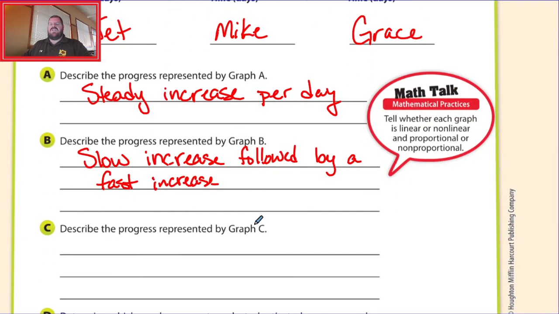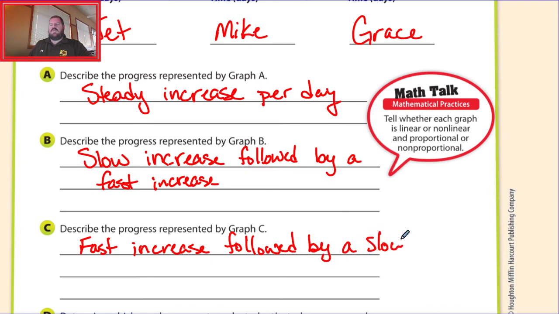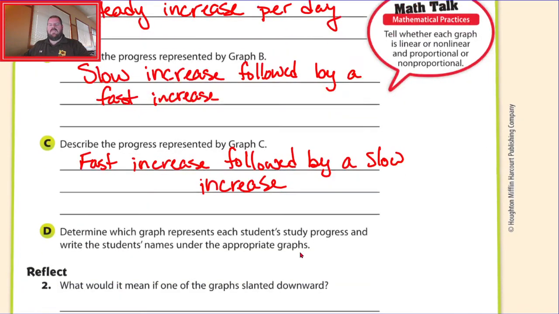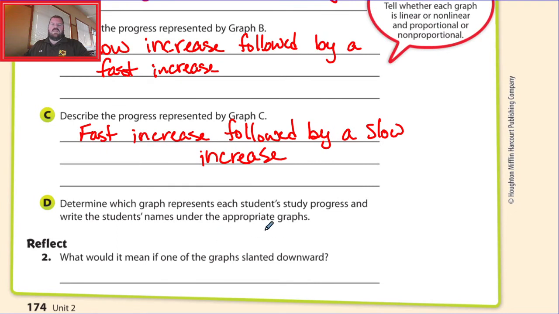And then for C, I would say a fast increase followed by a slow increase. And then determine which graph represents which student. So we already did that.